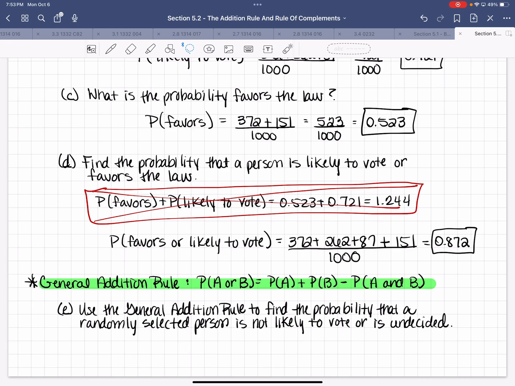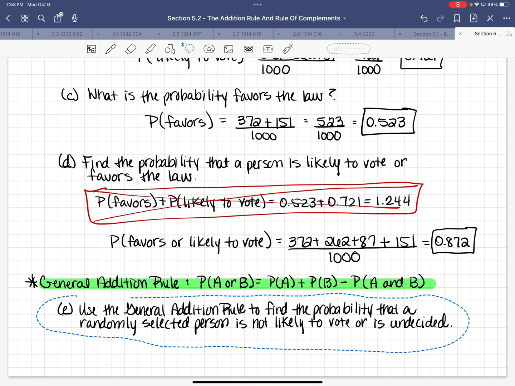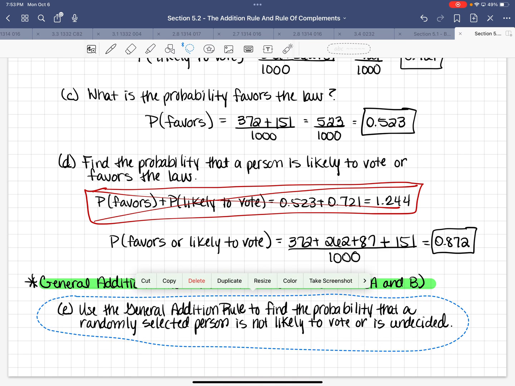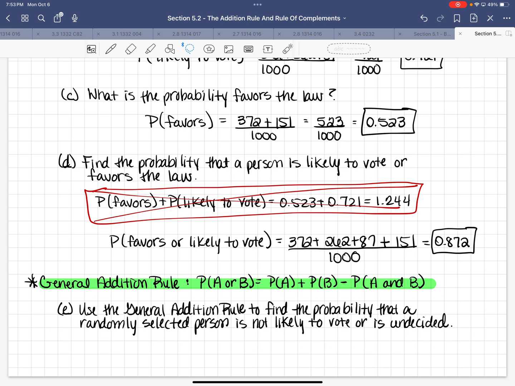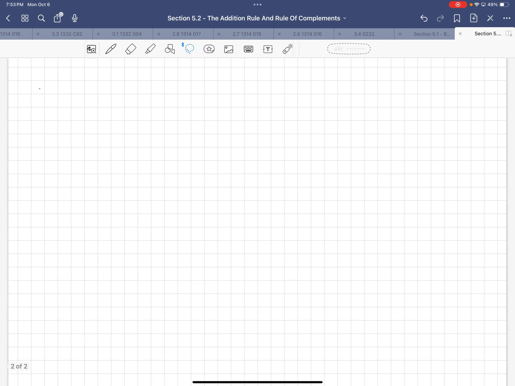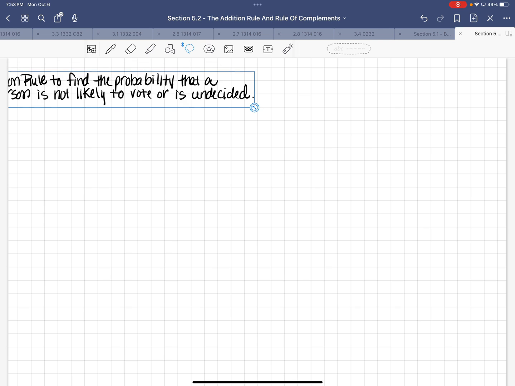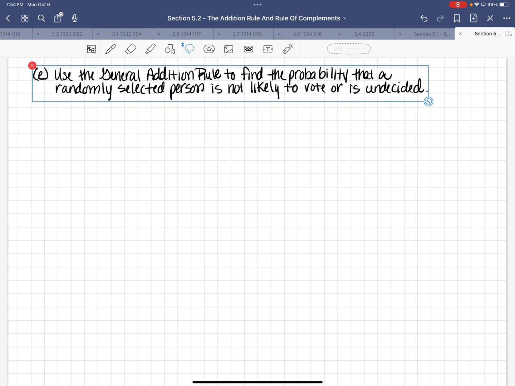I'm going to lasso this and move him to the other page so I have enough room. I'm putting him back, I promise. Okay.